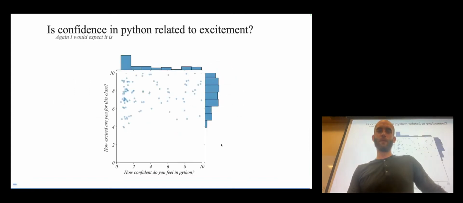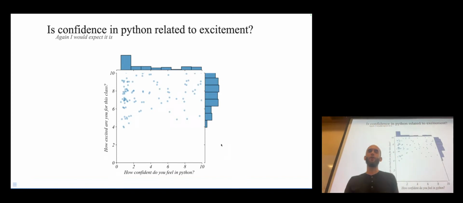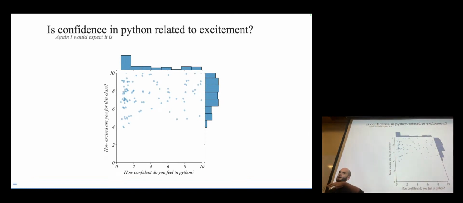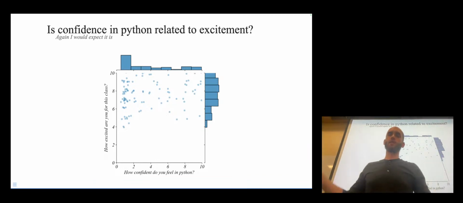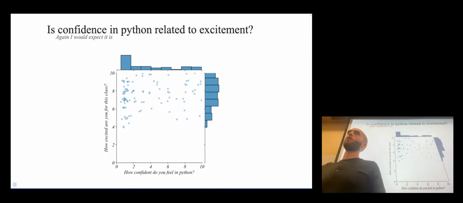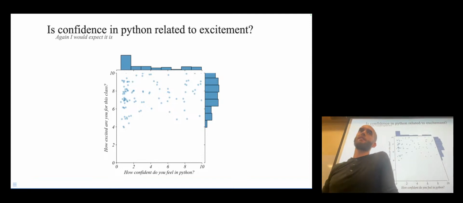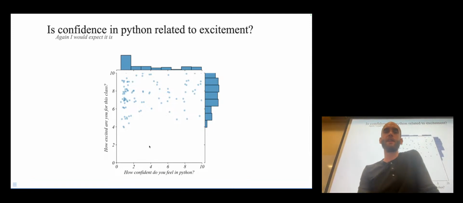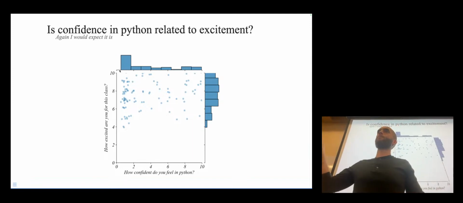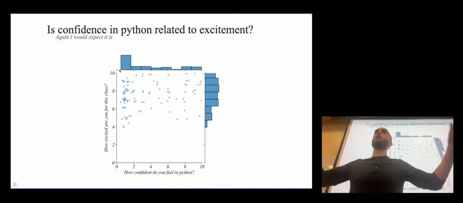And then the last thing I wanted to show you is whether confidence in Python is related to your excitement for this class. So just like we did with Excel, we're going to look at the relationship between Python confidence and excitement for this class. And what you can see is the histogram at the top here is just the distribution of your confidence in Python.